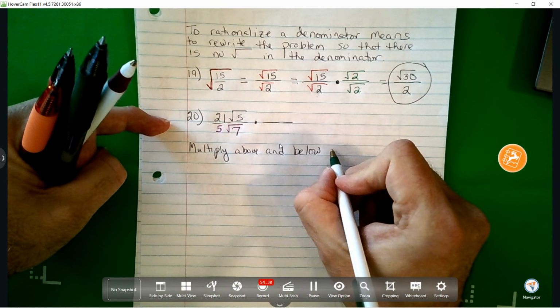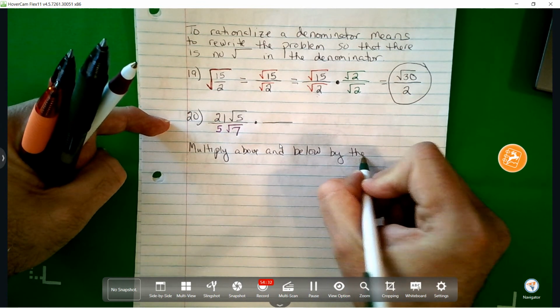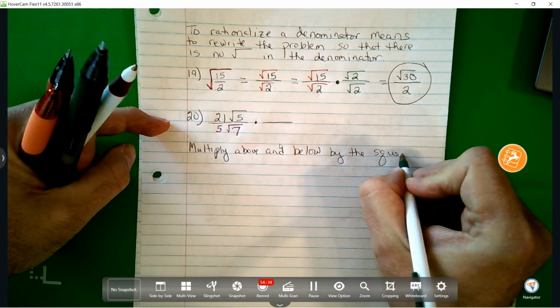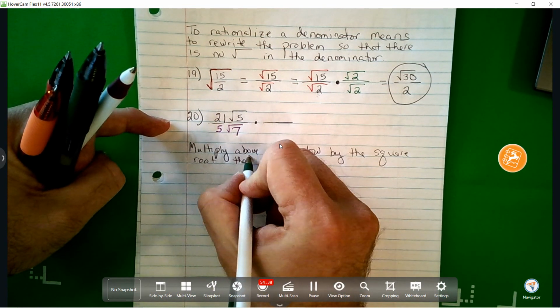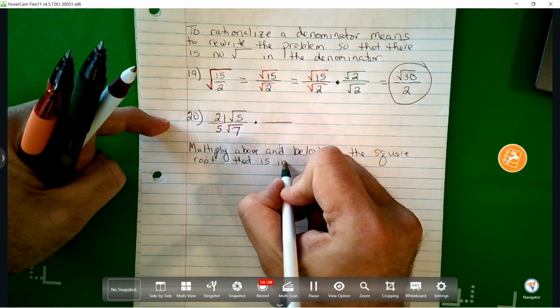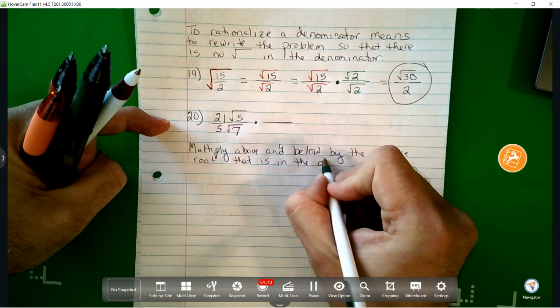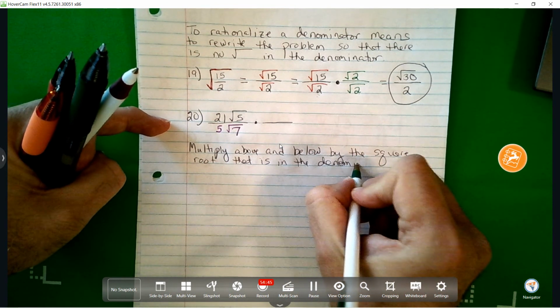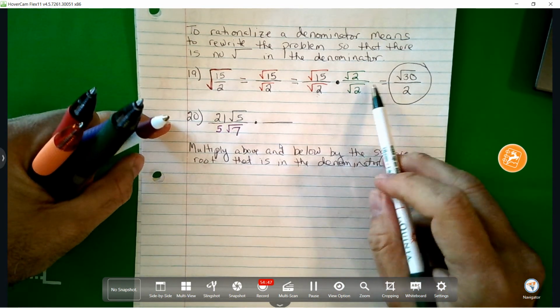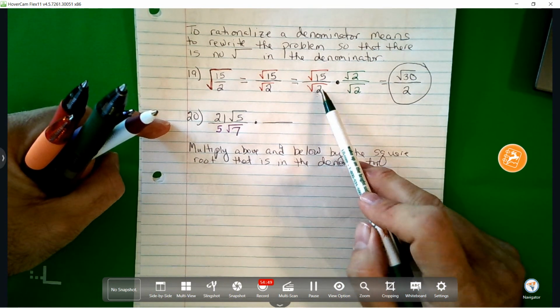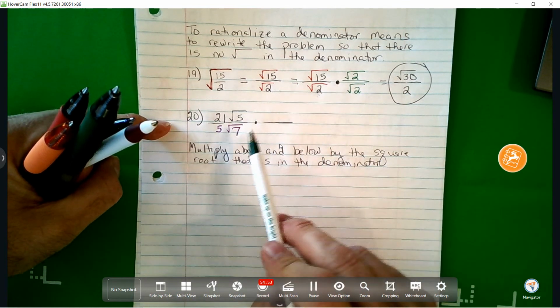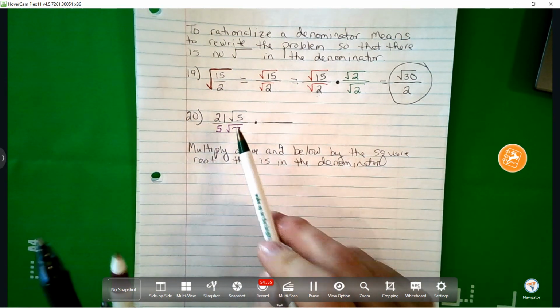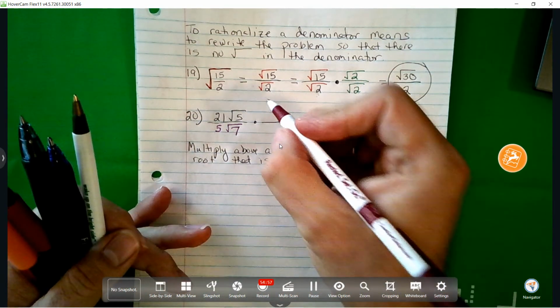Multiply above and below by the square root that is in the denominator. Denominator, that's the one on bottom. Over here we multiplied above and below by the square root of 2 because that was the square root in the bottom. Here we're going to multiply above and below by square root of 7.